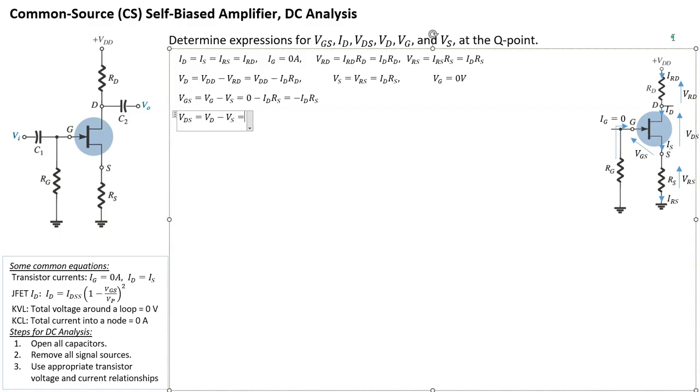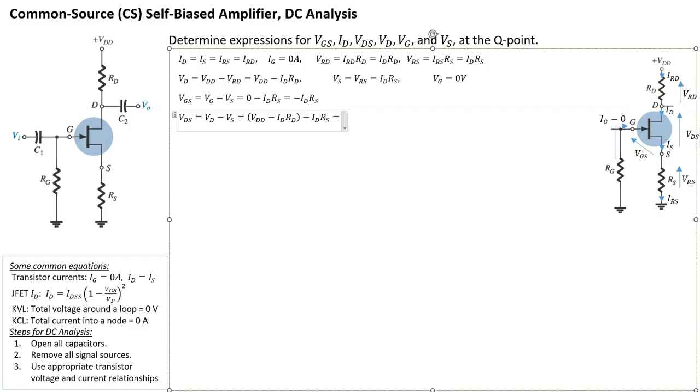And then finally for VDS, it's simply VD minus VS, and we have expressions for those. VD is VDD minus IDRD, and let me put in brackets just to be a bit explicit, minus VS. Well, VS is just IDRS.